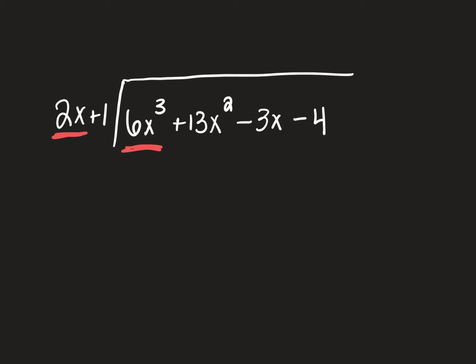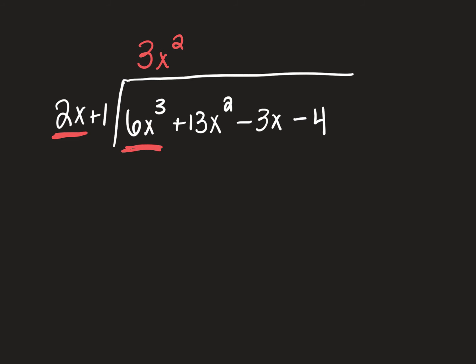So we're going to take 6x cubed divided by 2x. 6 divided by 2 is what? 3. And then x cubed divided by x is x to the second, or x squared. Is everybody with me? Yes. So you take your first term and divide it by the first term on the outside. That's where we start.